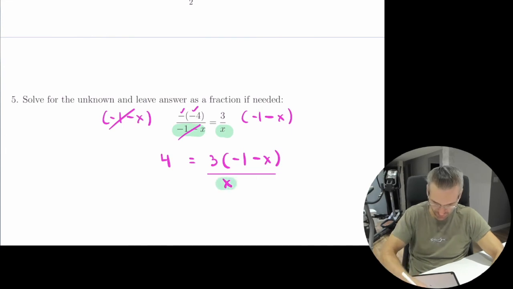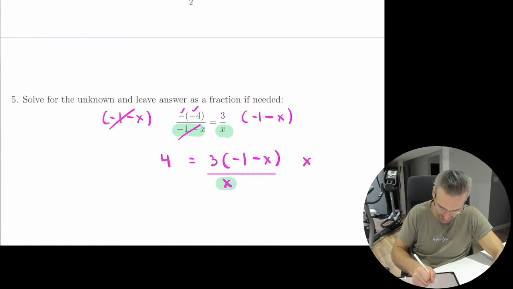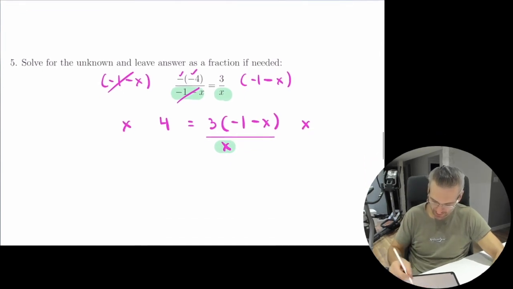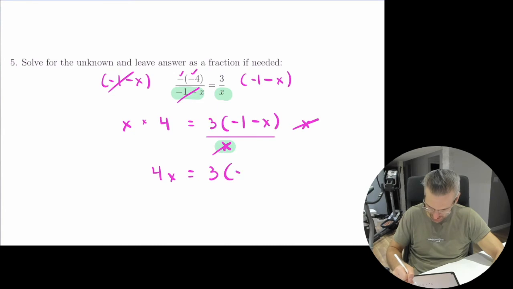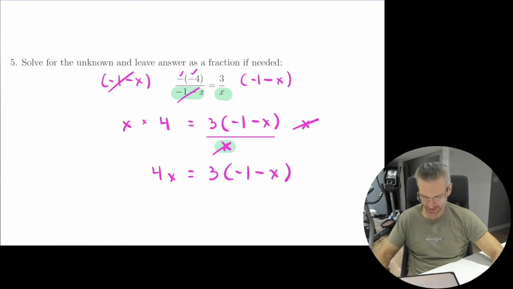I'm going to get rid of this by multiplying both sides by x. So this x will cancel, and x times the 4 is 4x equals 3 times negative 1 minus x.